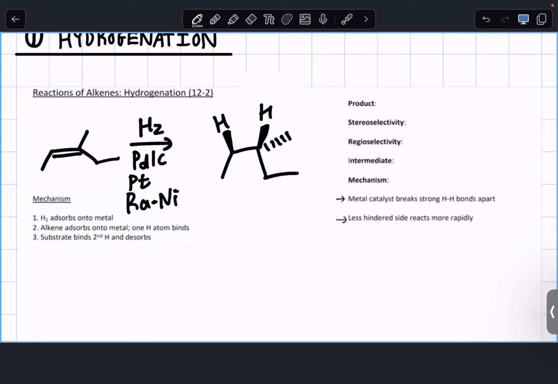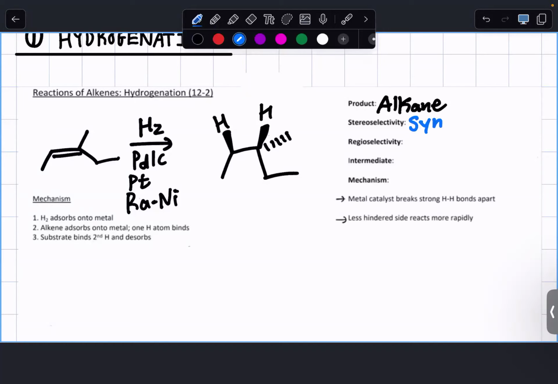The product that we get from this is an alkane because we converted this alkene to an alkane by getting rid of that double bond and adding hydrogens to each carbon of the double bond. The stereoselectivity of this reaction is going to be syn addition because the hydrogens attack on the same side, the same face, syn facial attack, syn addition.